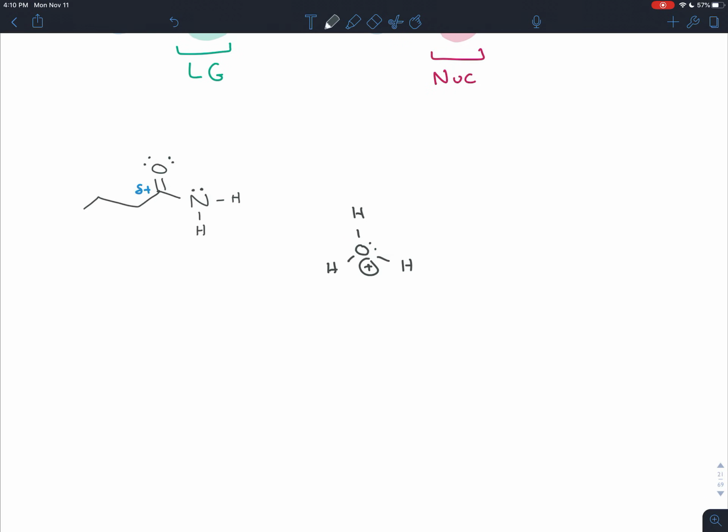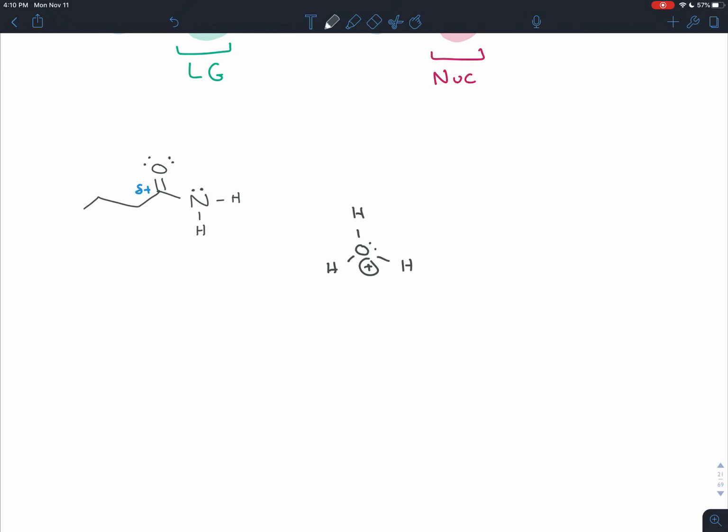And so instead what we need to do is turn it into a better electrophile, and we've seen how to do this. We did this in acetal formation, imine formation, or I should say, very clearly we did it as the first step in acetal formation.